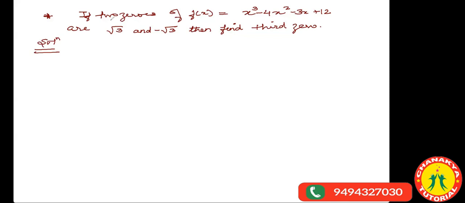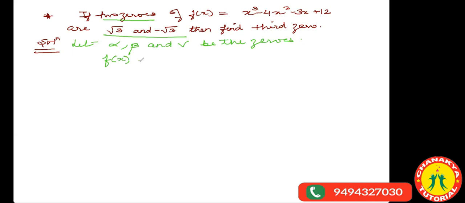In this question, we are given two zeros of the polynomial. Zeros mean the value of x. Clear? What do you mean by zeros? This is the value of x only. So let alpha, beta, and gamma be the zeros. And we have this polynomial f(x) equal to x cube minus 4x square minus 3x plus 12.